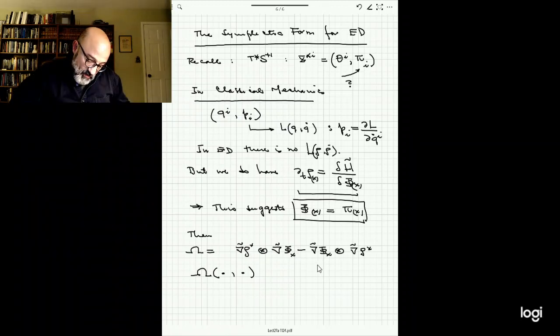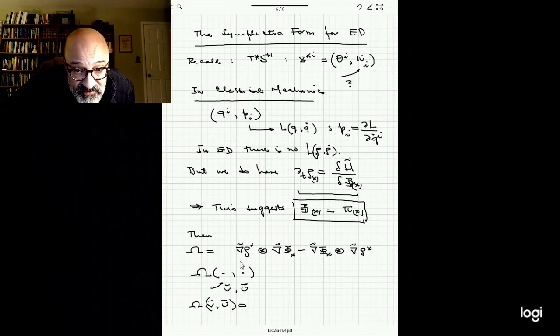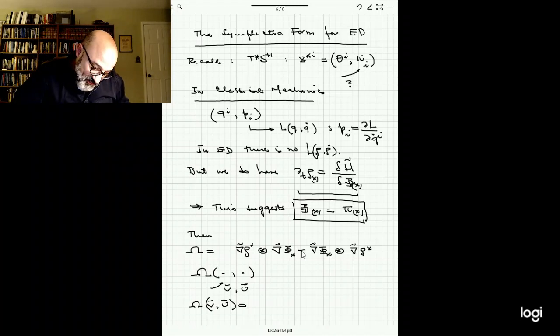If here we were to put two vectors, v, u, then omega of v, u is going to be given by the gradient of rho acting on v, the gradient of phi acting on v, that's the first slot. The gradient of phi here acts on the second, the gradient of rho there acts on the second. Of course here you may want to include an integration.